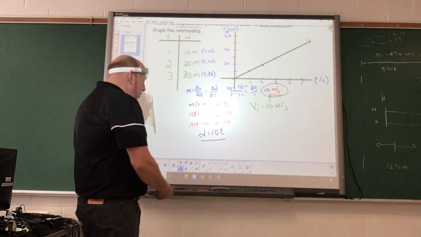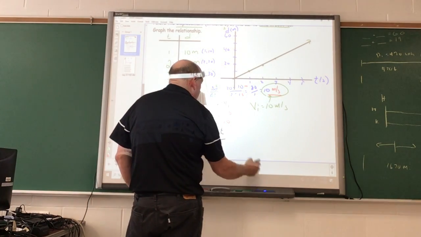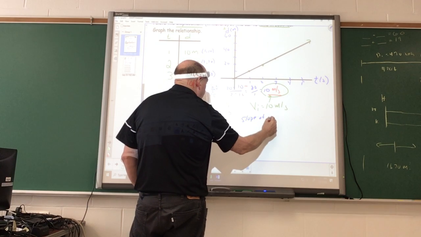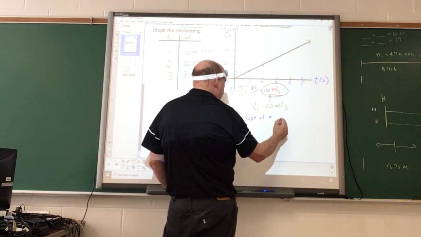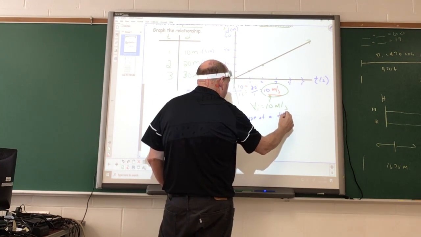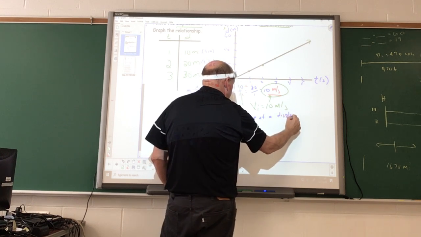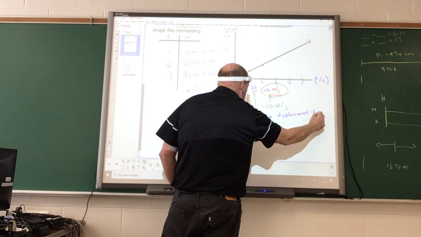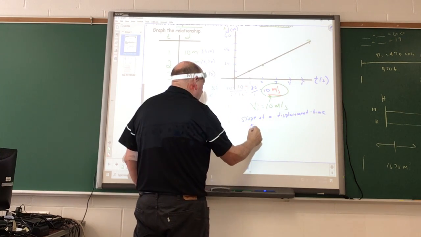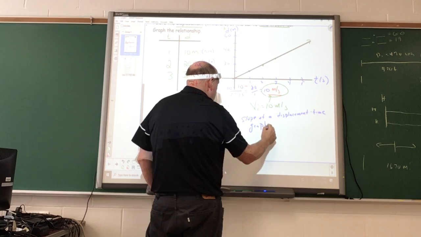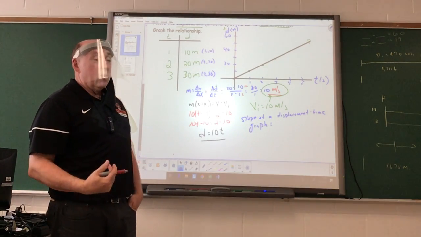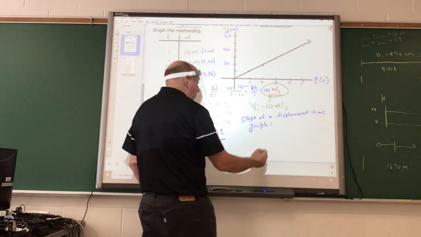So when we talk about the slope of a displacement time graph, this is equal to a constant, or equal to a velocity.